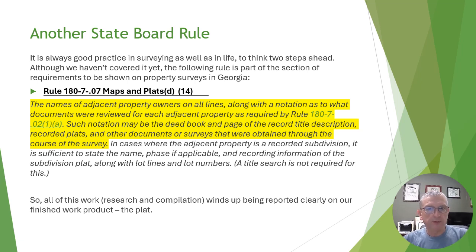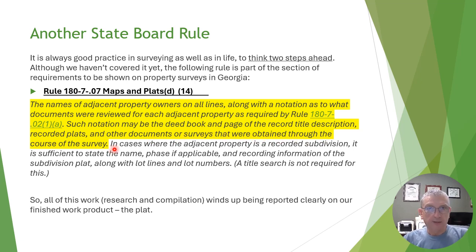So there's a direct reference in the board rules to this rule that we just viewed, 180-7-.021A, and that is something that is required to be on all maps and plats, which is the names of adjacent property owners on all lines, along with a notation as to what documents were reviewed for each adjacent property as required by this rule 180-7-.021A. Such notation may be the deed book and page of the record title description, recorded plats, and other documents or surveys that were obtained through the course of the survey.